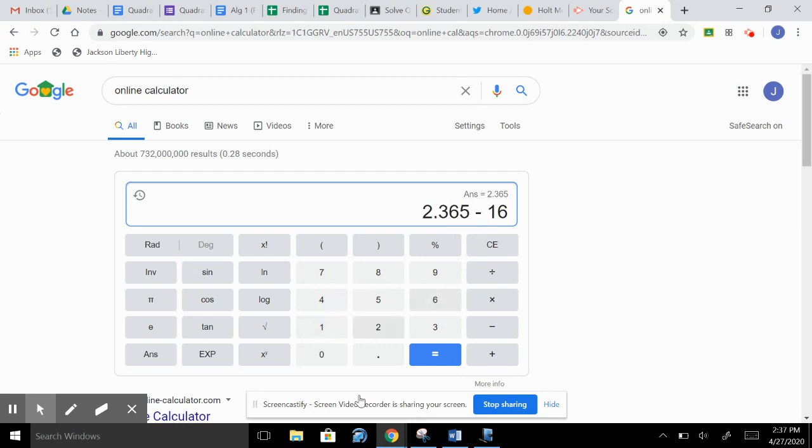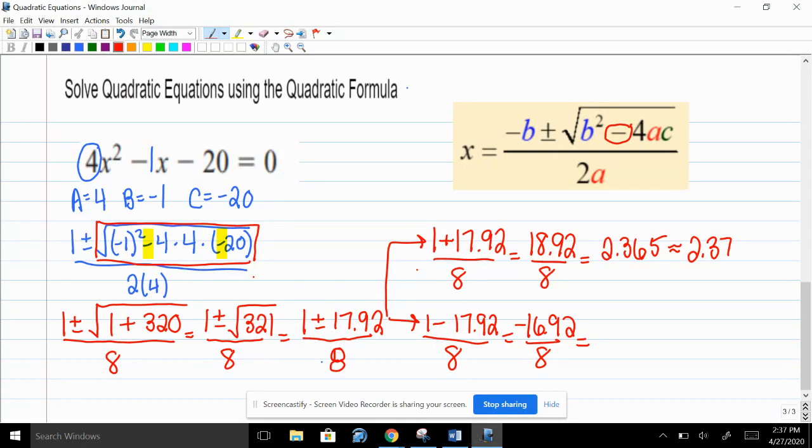Negative 16.92, I'll just remember that it's a negative, divided by 8 is equal to negative 2.115, which will round up to about negative 2.12. So those are my two answers, 2.37 and negative 2.12.